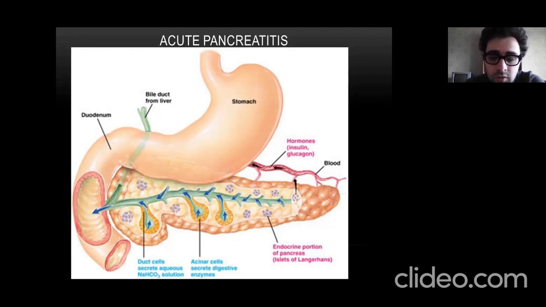The biggest part of pancreatic tissue makes exocrine functions. It produces different ferments to intestine, and the very small part, islets of Langerhans so-called, they produce hormones, insulin and glucagon.